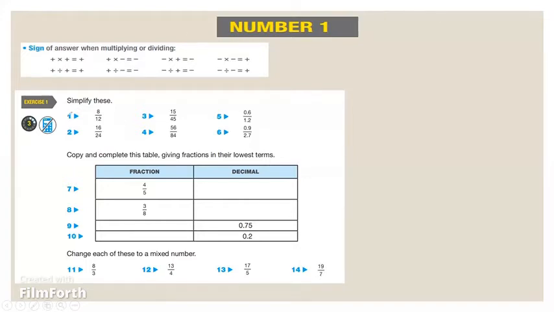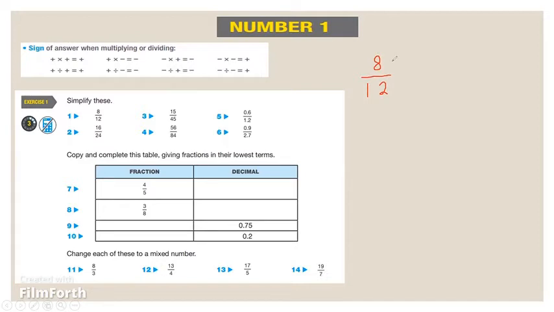Here, the first part they have given is to simplify these. Normally when we simplify a fraction, you should know the tables. For example, I will take 8 divided by 12. When you simplify, you identify that the numerator is 8 and the denominator is 12.